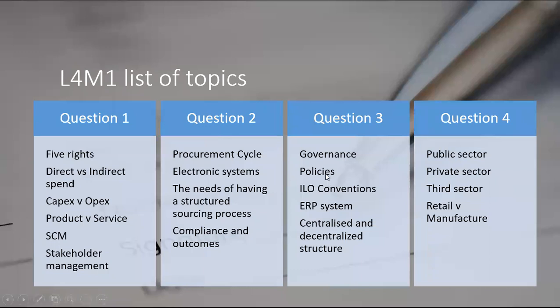The second one is about policies within procurement. The third one is about the ILO convention and ERP systems, like their characteristics and the use of such systems. Finally, we have a question on the structure of the procurement function, like centralized or decentralized.